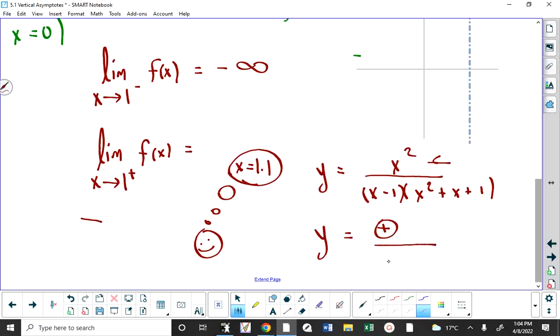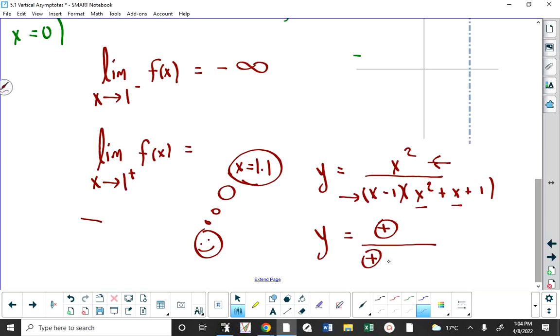On the bottom, when I put 1.1 into this factor, I'm going to get a positive. By the way, you don't need to know this, but some of you may appreciate it's this factor which is making the whole thing really big. Because when you put in a number close to 1, that factor will be very tiny, making the whole fraction big.